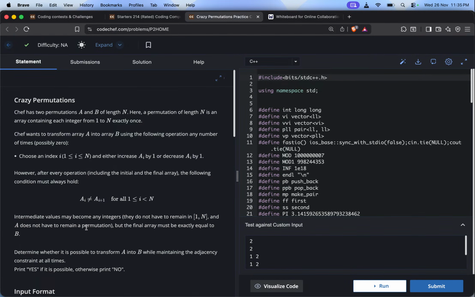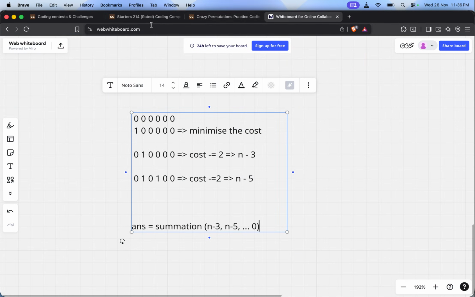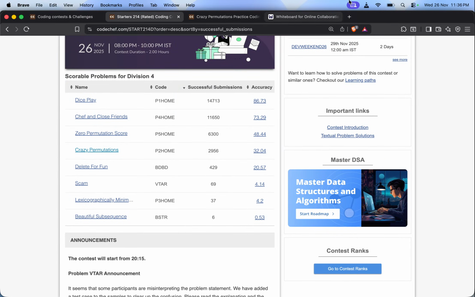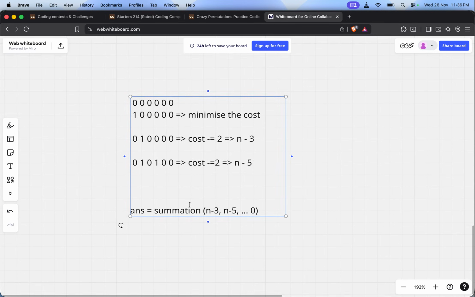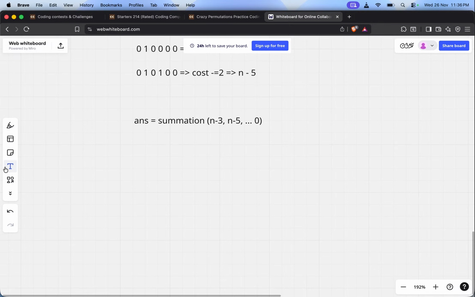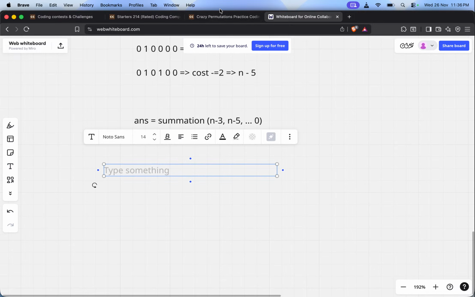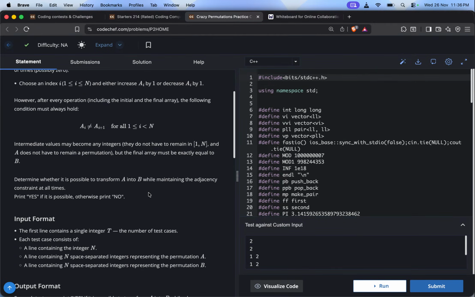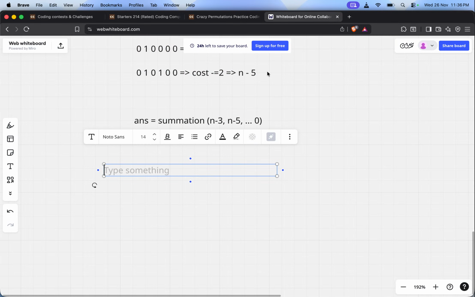Intermediate values may become any integer. They do not have to remain in 1 to n, and A does not have to remain a permutation. But finally, the array must be equal to B. What does the problem say? The problem says that we have two permutations, let's say this and this.